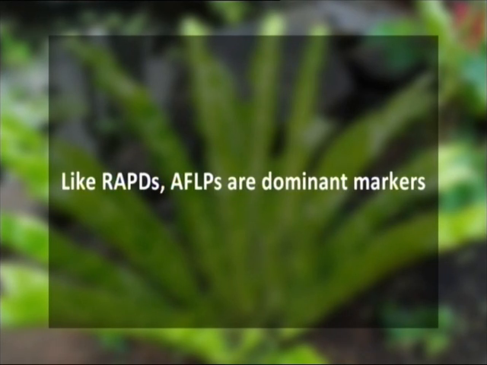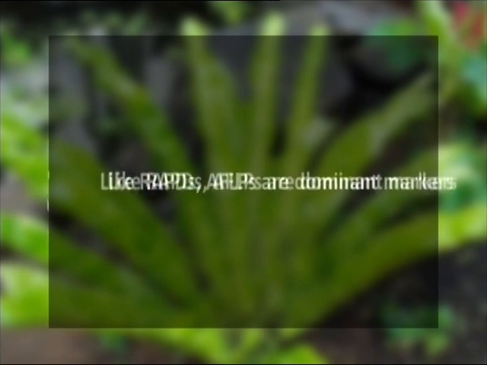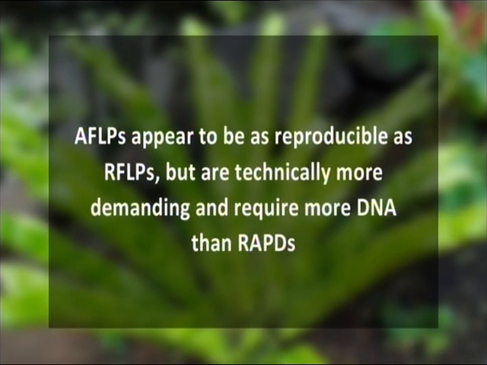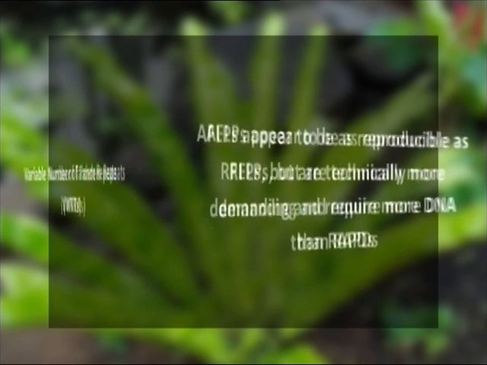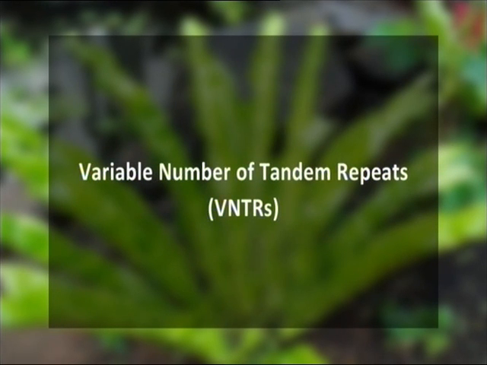Like RAPDs, AFLPs are typically dominant markers. The AFLPs appear to be as reproducible as RFLPs, but they are technically more demanding and require DNA of higher quality than that of RAPDs.